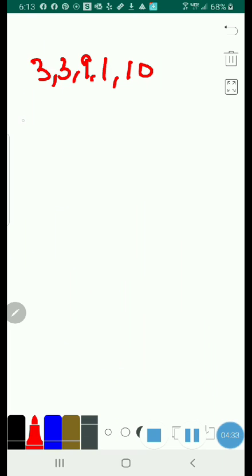So to find the mean, or the average, we're going to add these numbers up and divide by the number of numbers that we added up. So I'm going to give you about 30 seconds to put this in your calculator.